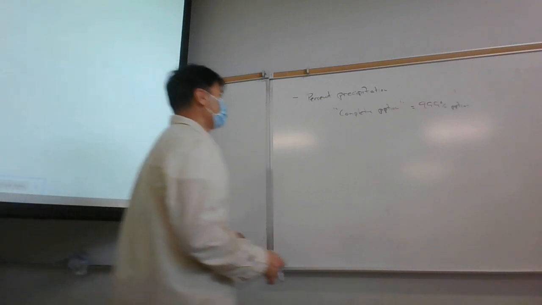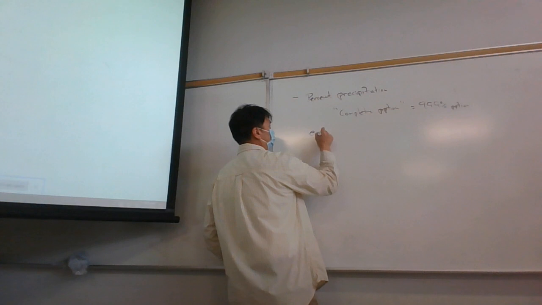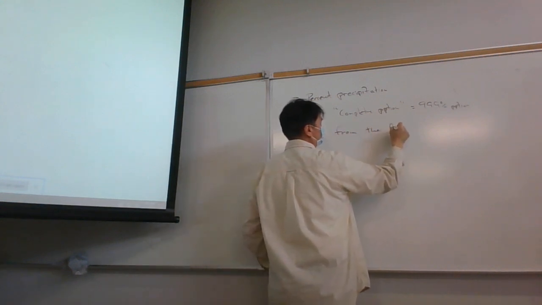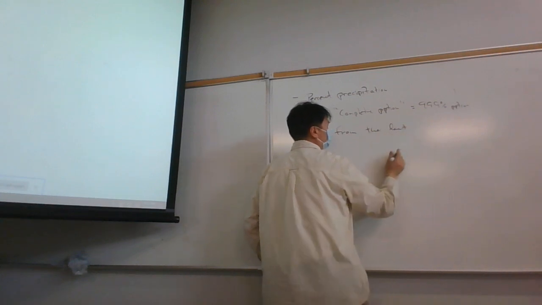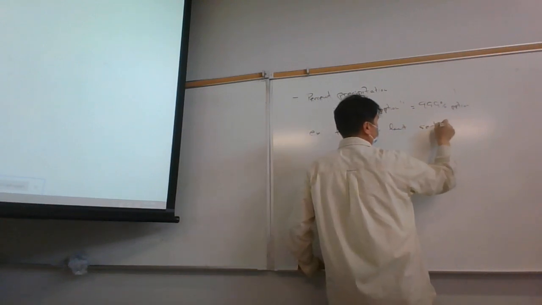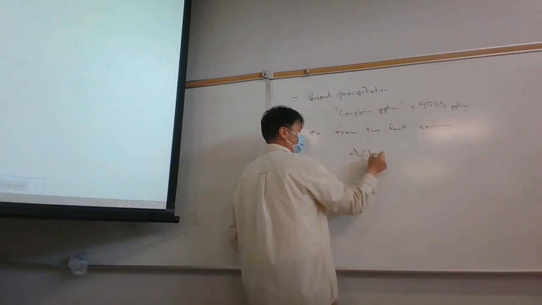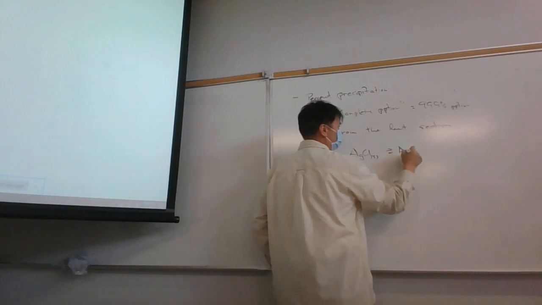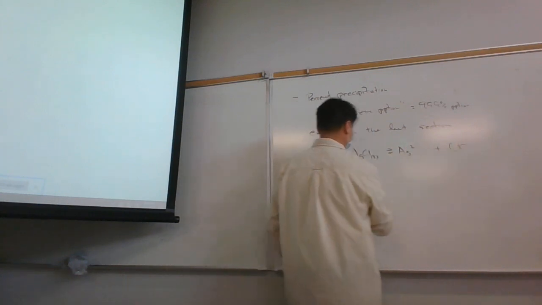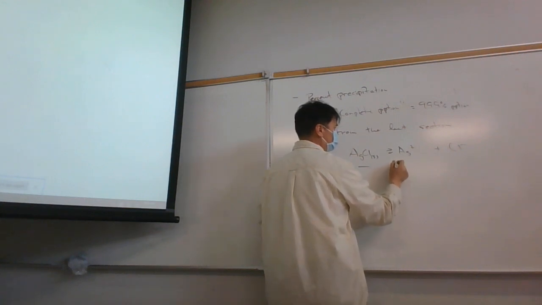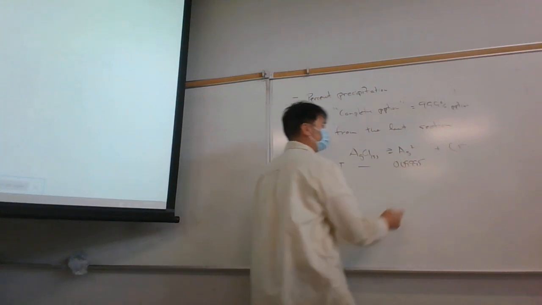Going back from the last section, we had silver chloride solid going to Ag plus and chloride. The initial concentration of silver was 0.09995, triple nine.